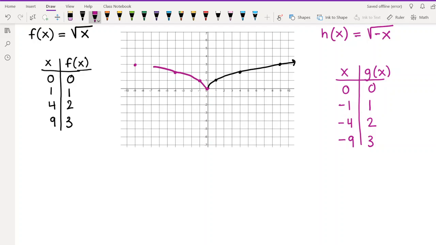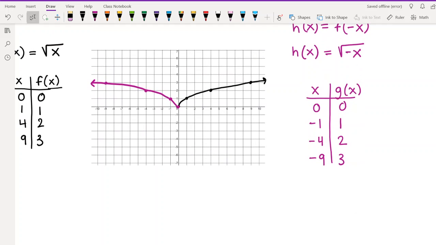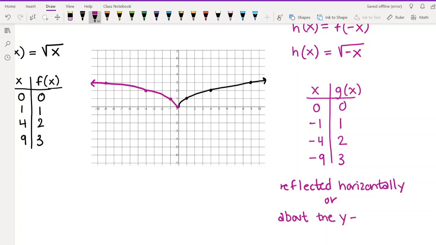And so again, we can see that our graph got flipped, right? But this time, instead of reflecting vertically, instead of the y coordinates changing, this time it reflected horizontally, or we can also describe that as a reflection about the y-axis.